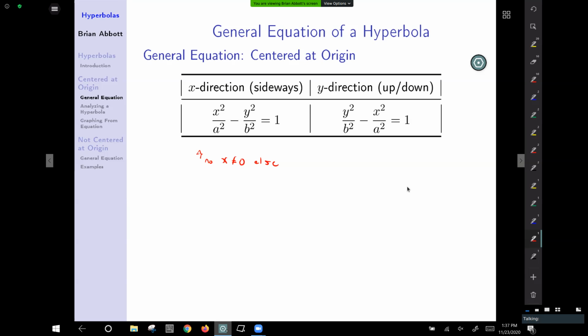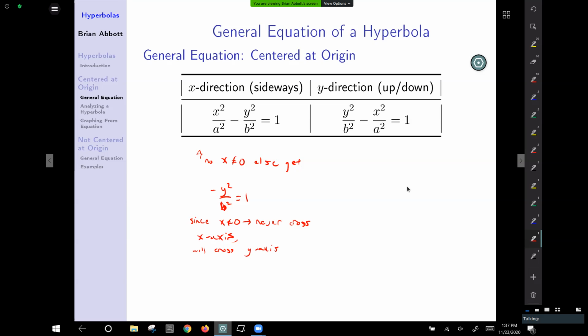Else, we would have negative y squared over b squared equals 1. And that wouldn't be a hyperbola. That would be some kind of a parabola. So since you can't have that first term be missing, x is not allowed to be 0.